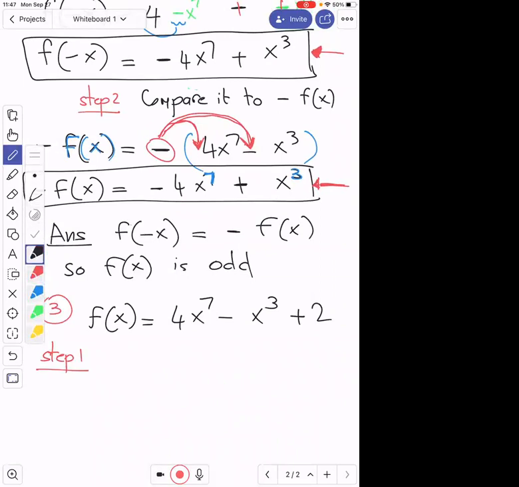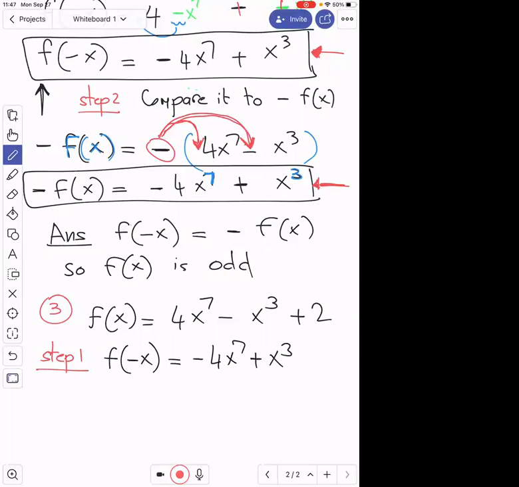So from the first step, f of minus x is going to be almost the same as in the previous function. It's going to be minus 4x to the 7 plus x cubed. That's what I got in the previous example, and then there's this +2, and again, there's no x, so I'm just going to keep the +2.